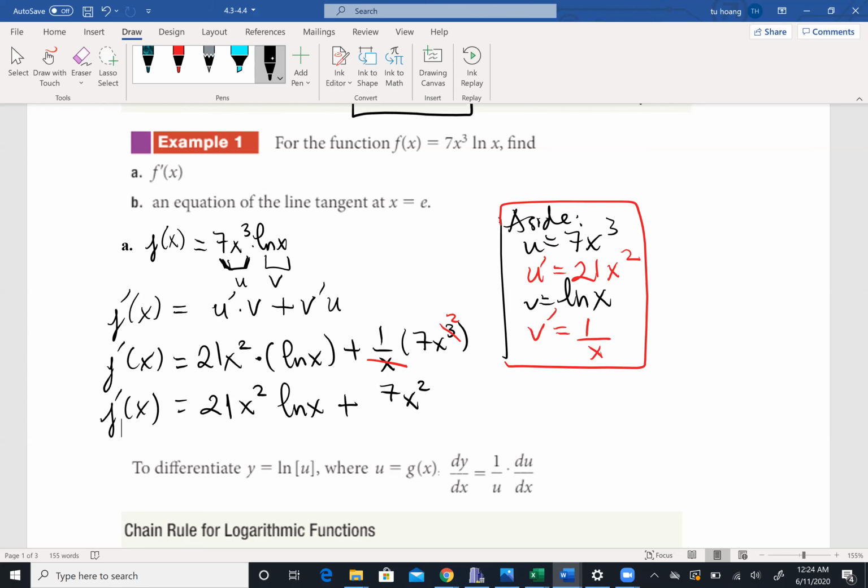If you want to factor, you can factor out 7x squared because that is the greatest common factor. So you have 7x squared, factor out to get 21x squared here, factor 7x squared gives 3 ln(x), plus 1, because when you factor 7x squared out of the second term, you get only 1. So that's going to be the answer for A.